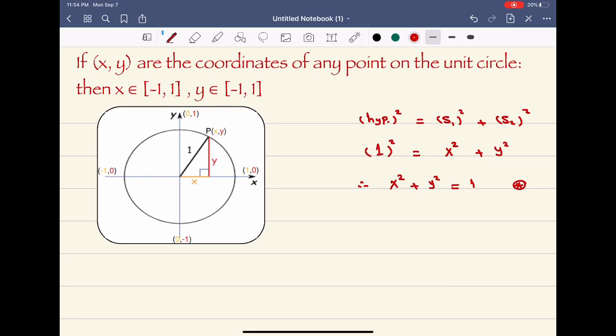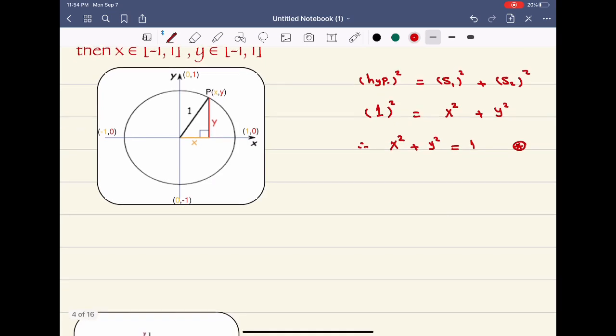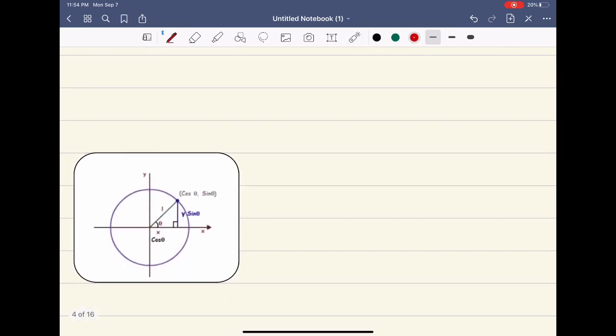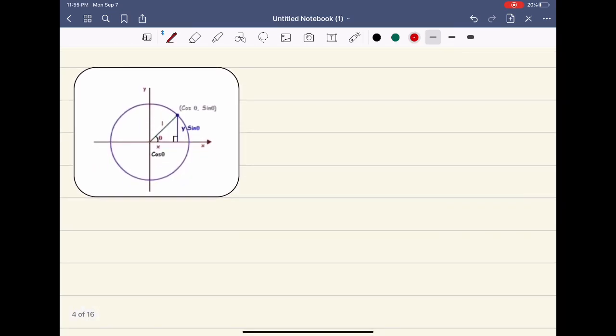In this figure, the angle theta is the angle in the standard position, then sine of angle theta equals opposite over hypotenuse.